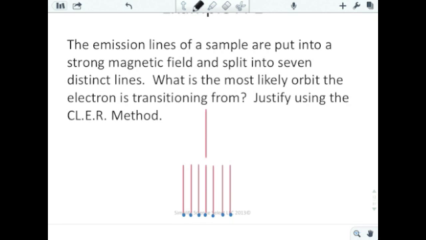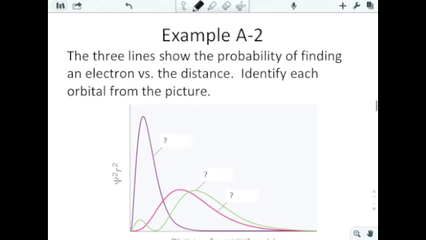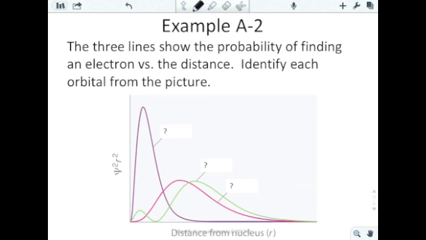Well, what has 7 sublevels? We know that would be the F orbital, because it can hold a total of 14, which means it has 7 sublevels. So this one line broken up into 7 lines means it's going to be the F orbital.